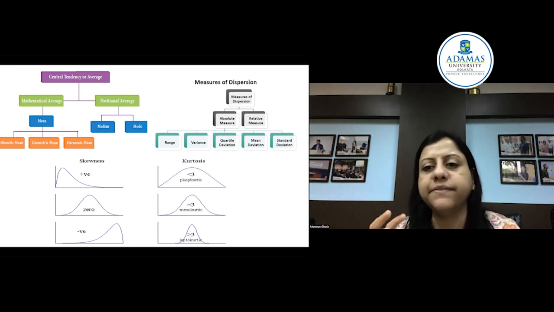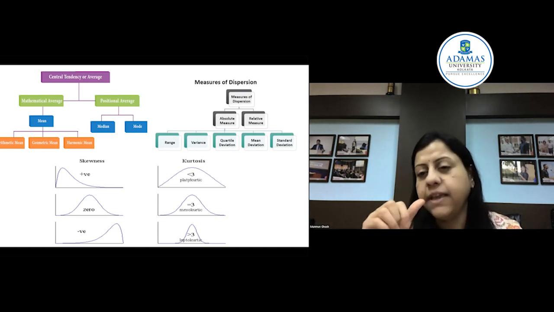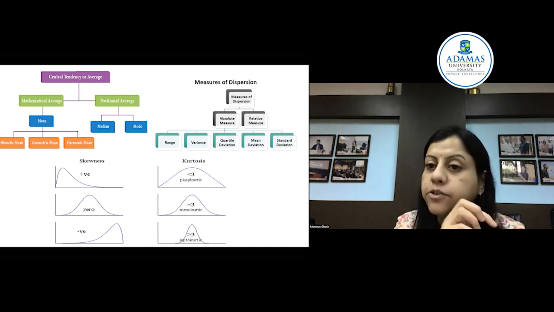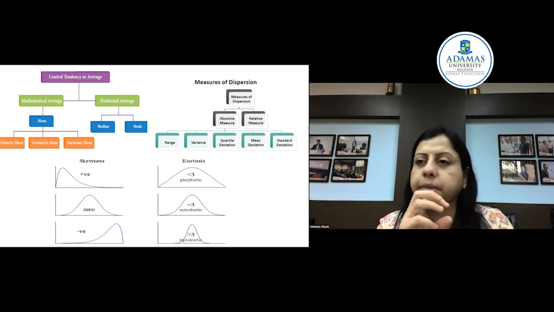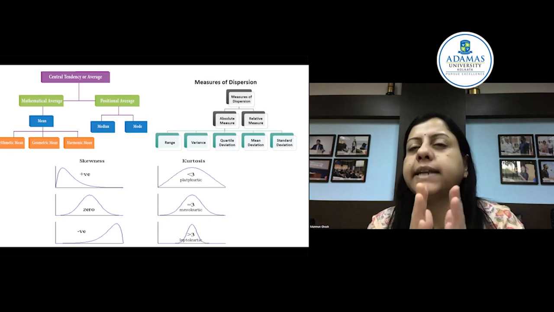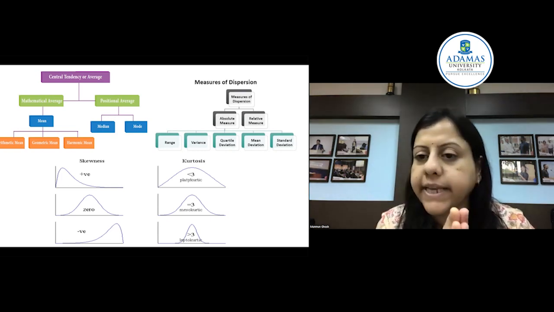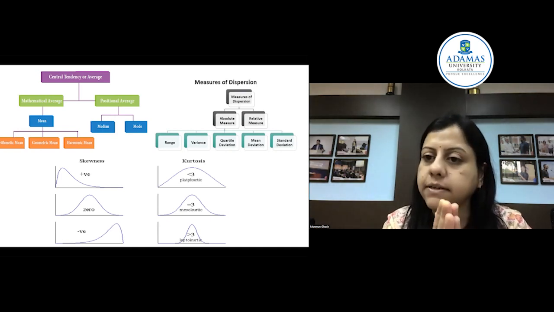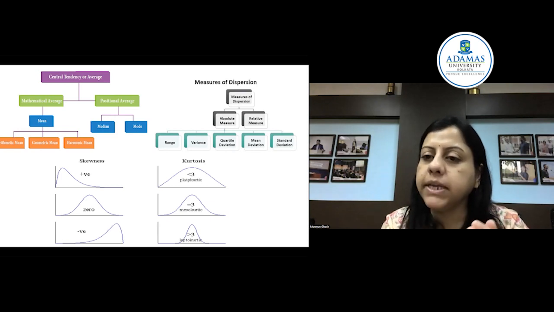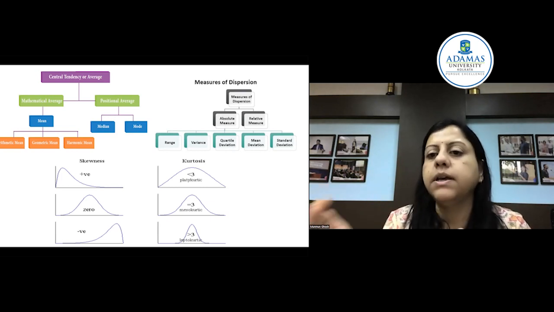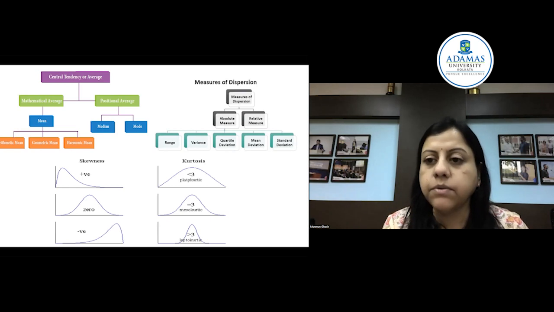If my standard deviation is very low, we infer the standard deviation in context to the mean of the data. When we say that standard deviation is less, then we say that the dispersion or the scatteredness of the data from the mean is less. That's what standard deviation talks about.